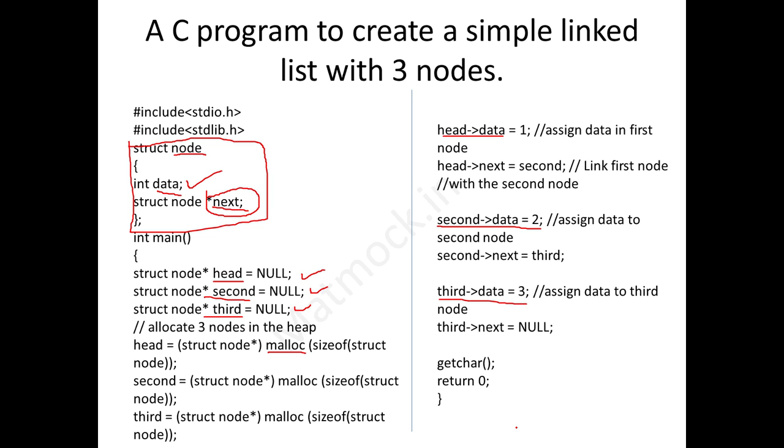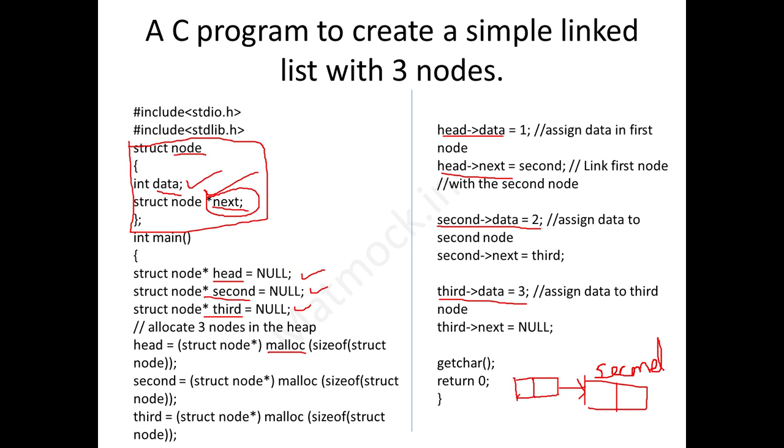Then we have to set the pointers properly. The pointer is a next pointer. The first node's pointer is pointing to the second node. So here we write head of next is equal to second.